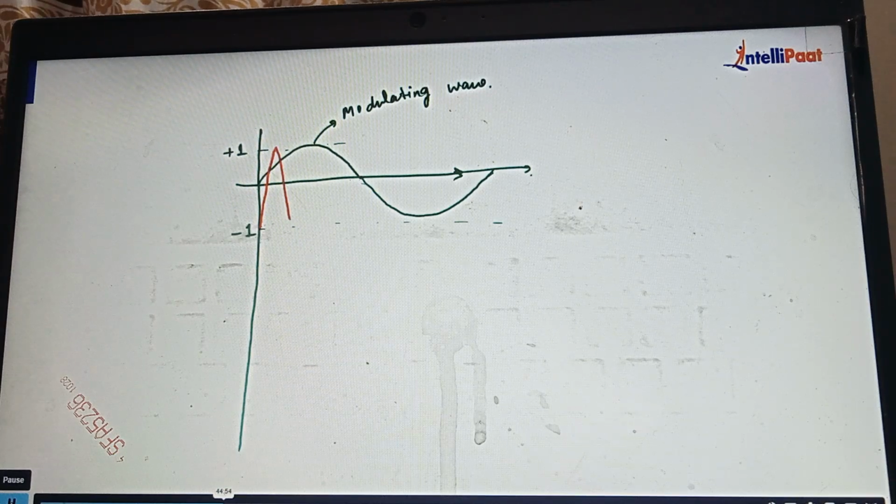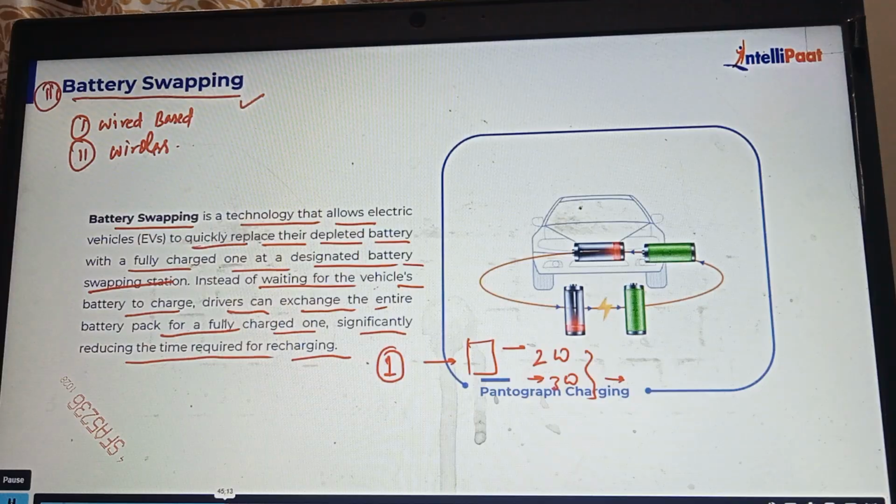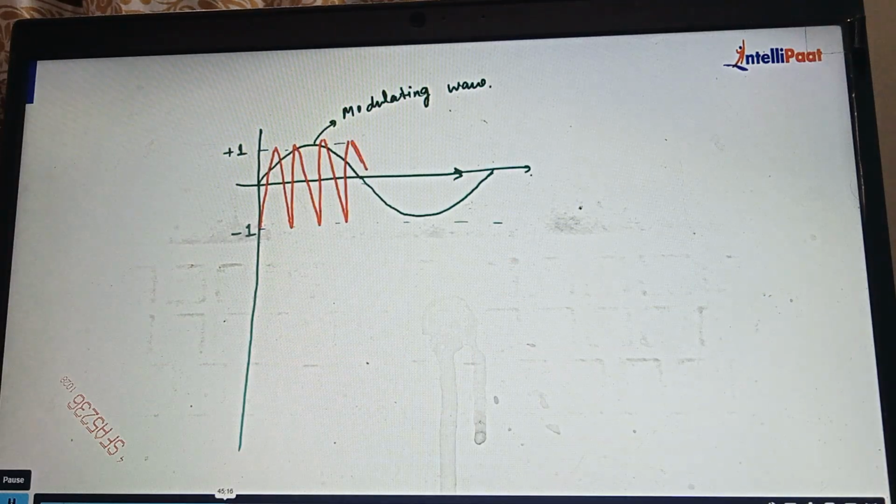Like triangular wave, we are going in this way, and then it is going up, down, like this. Multiple cycles it is going to complete. I hope it is clear, right? So multiple waveforms are going to be completed.